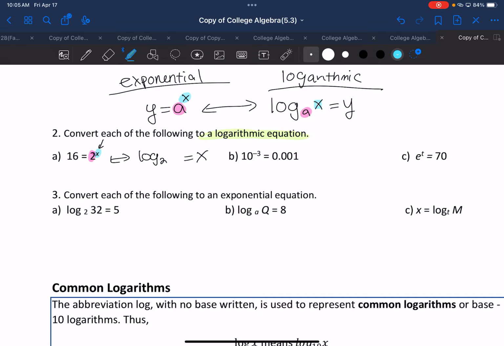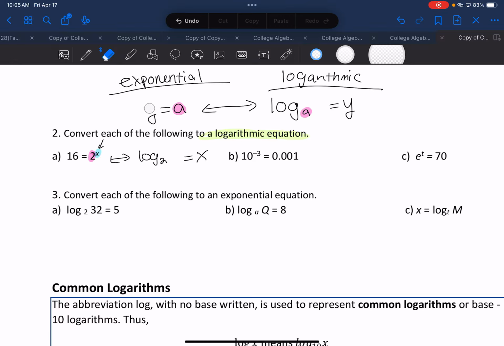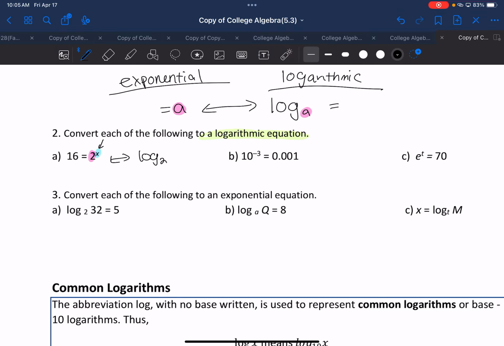I'm sorry, I'm getting mixed up here. I wrote this wrong. Sorry. Well, that part was right, but I wrote my formula down wrong. This should be like this.